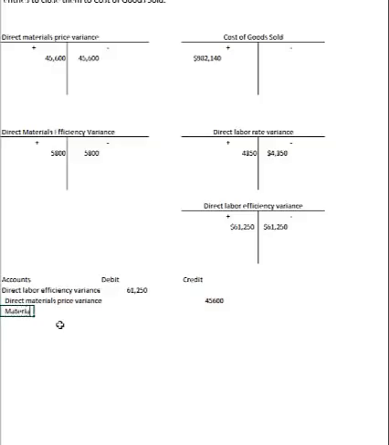The materials efficiency, and I'll be abbreviating here just to make it a little bit faster, $5,800, and the labor rate for $4,350.